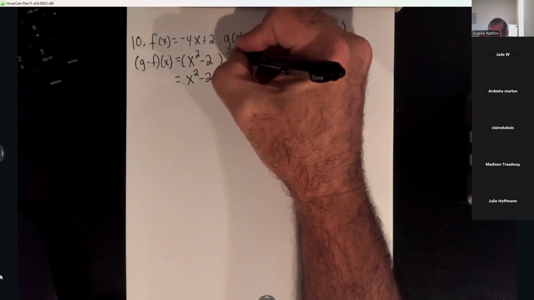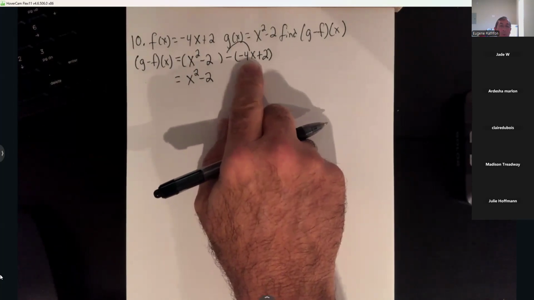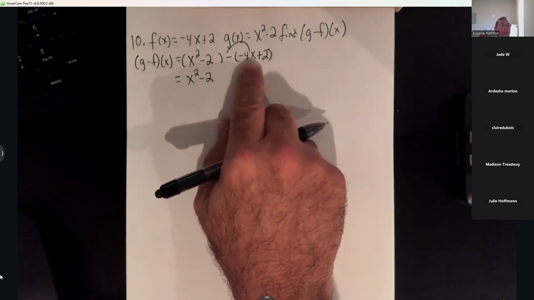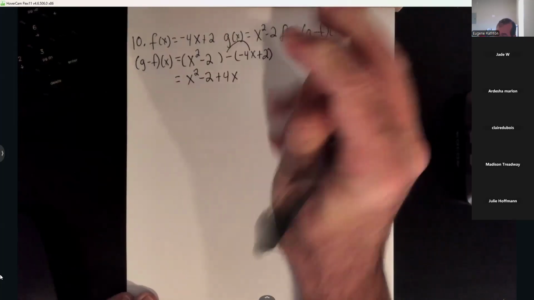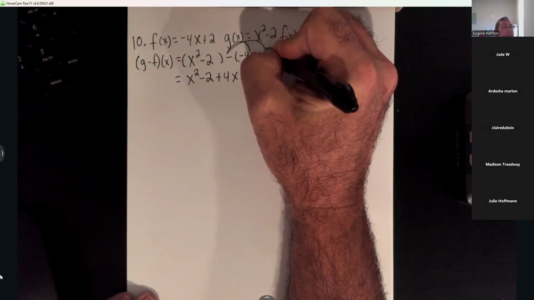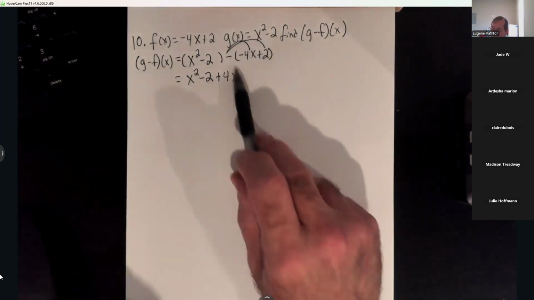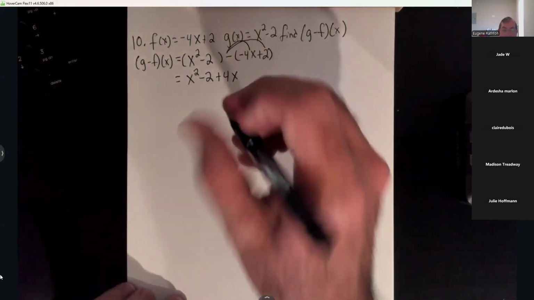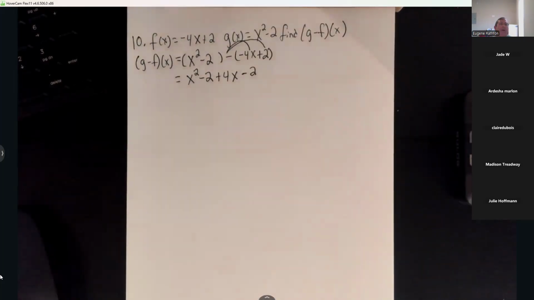Y'all distribute that negative. What's that negative times that negative 4x giving me? A positive 4x. There you go. And then what's that negative times that positive 2 giving us? Right, so that negative times that 2 is going to make that one a negative 2. There you go.